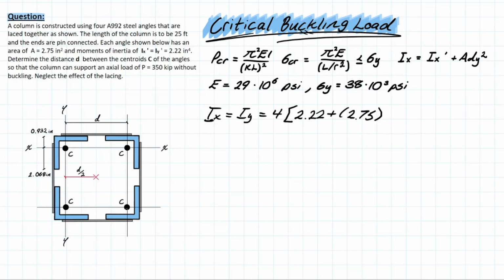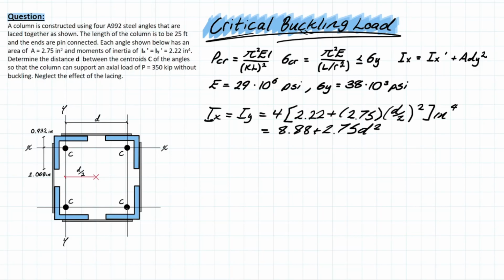And that value is simply going to be d over 2. So plugging that in, you square it. That total thing will be inches to the 4, just based on the units of inertia. And solving for this, you're going to be left with an equation with an unknown variable. So you have 8.88 plus 2.75 d squared.